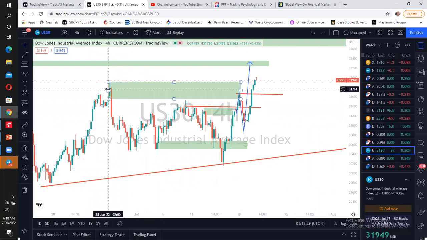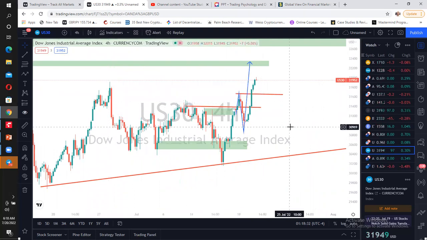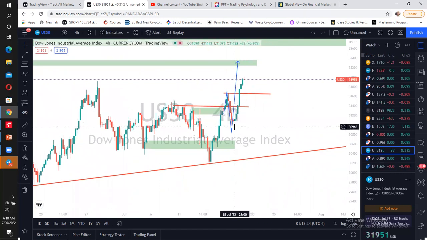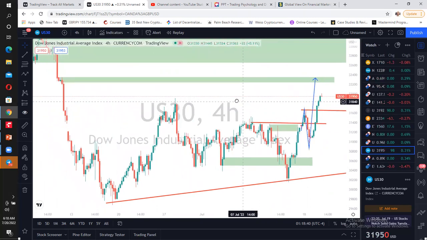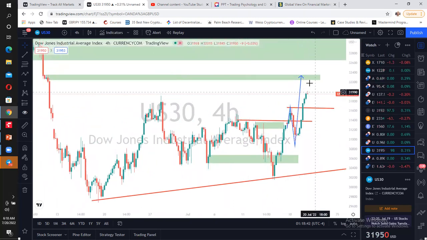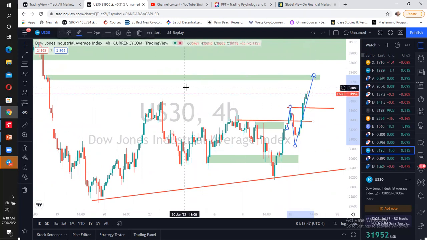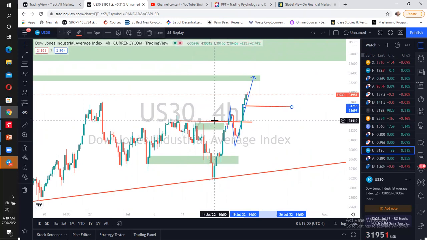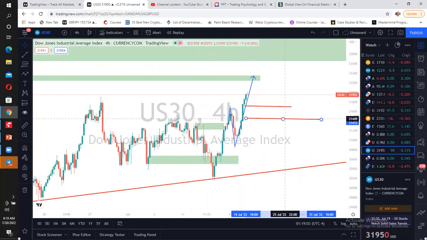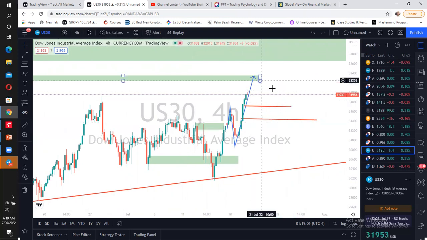Great, this level is taken out. I would like to see a pullback before any movement up. This is still playing out, so I would like to have them hit this particular level. All right, already they've traded into this particular zone here, I would like to see them hit this level, then give us a pullback to this level here. Right?